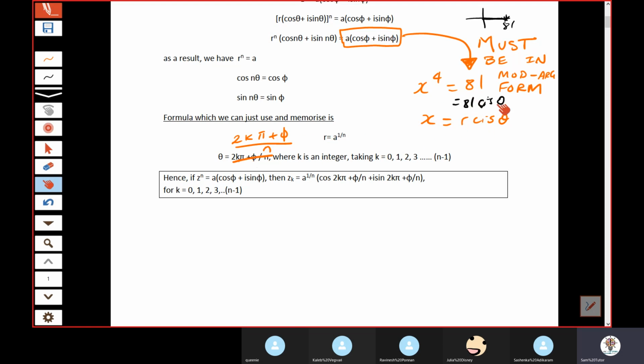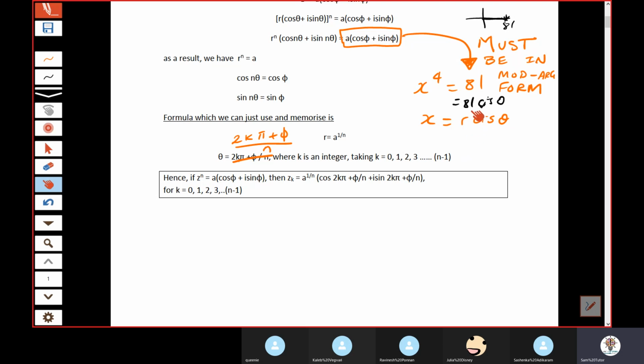If I said this was r cis theta up here, you'd say, but isn't that the same as this one? So I've just used different letters. So that's A cis phi, and A represents the modulus of your original one. Phi represents the argument of your original one, whereas r cis theta is the solutions we want to get when we're solving this.